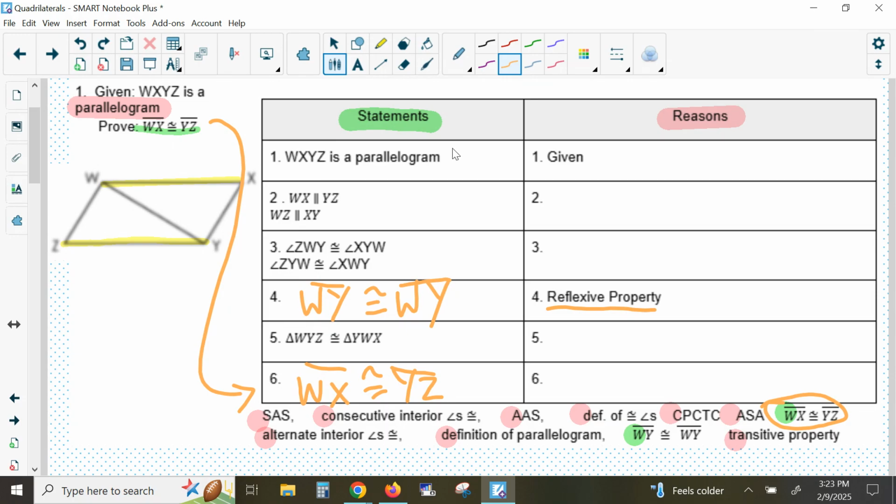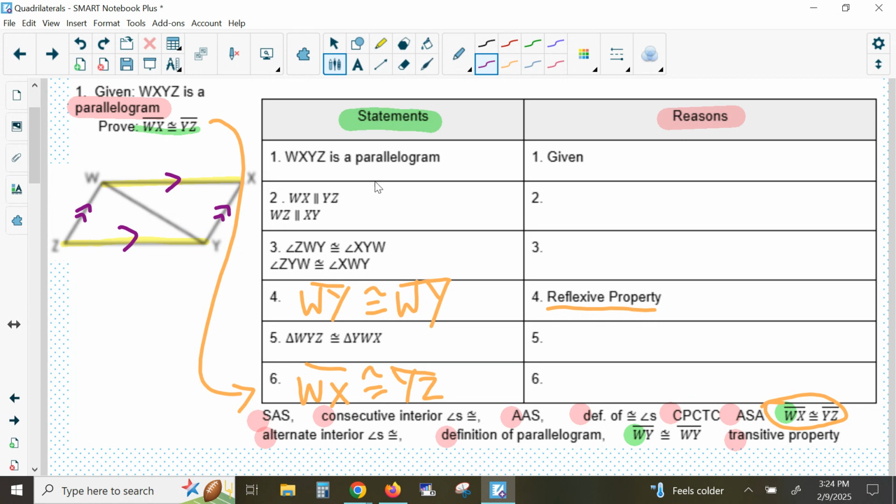So first we were given it's a parallelogram. Given, got it. Okay, the next part they say that WX is parallel to YZ. So that means this piece is parallel to this piece. Also, WZ, that's this side piece, is parallel to this side piece. Now remember, parallel does not necessarily mean congruent. So why do we know that those two are parallel to each other?